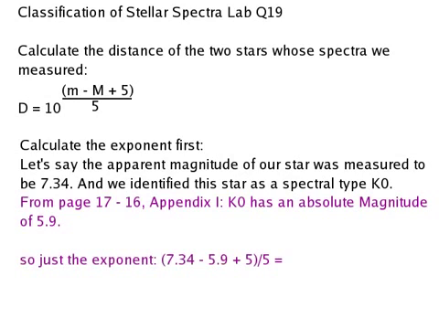Let me just quickly open the calculator here. So we had 7.34 minus 5.9 plus 5. That equals 6.44, divided by 5 equals 1.288. I'm just going to round that to 1.29.